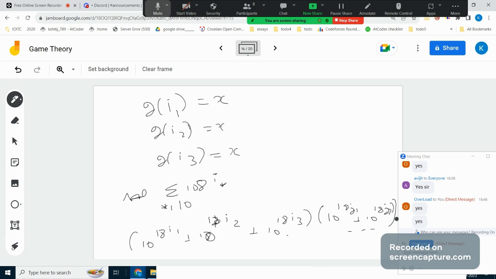We can fill in more. If we look at each term in the expansion, it will be of the form 10 to the power 18 times (i plus j plus k). Did you all get this part?